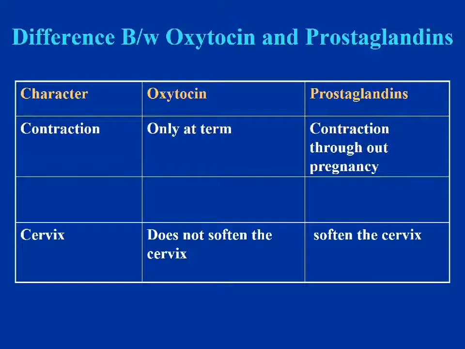Oxytocin does not soften the cervix, and that's why it must be used on a soft cervix. But prostaglandin does soften the cervix, and that's why it can be used all through pregnancy.